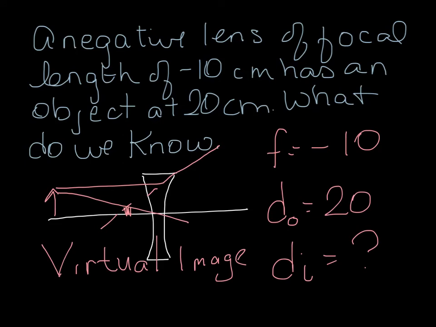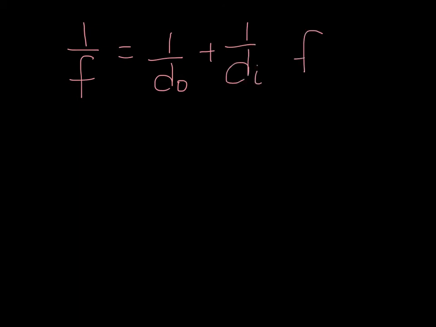So let's go find where the image is located. We know 1 over the focal length equals 1 over DO plus 1 over DI. We know focal length is -10. We know DO is 20. Put in the numbers and solve the math.